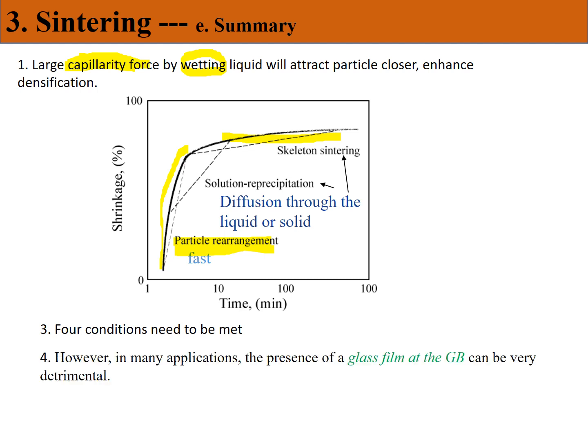And we mentioned liquid phase is very nice because it can enhance densification. That is very much wanted in many applications, but be very, very careful. There's no perfect thing for anything, so you have to control very much what you want. In many applications, no matter what, you're going to have impurities, because without this impurity you won't have a liquid phase.